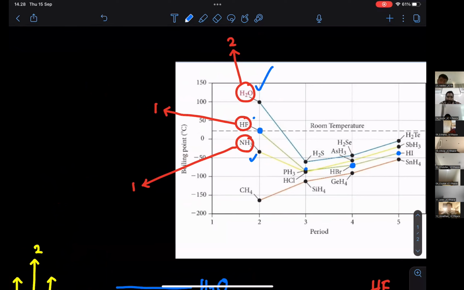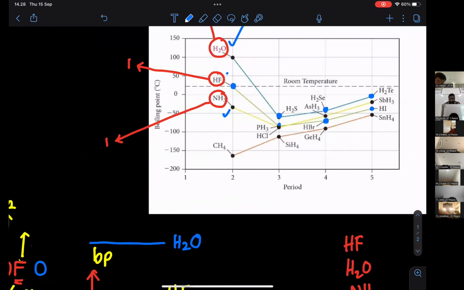Now that is done. But how about the others? All these are no problem, because all these are polar molecules, and because the size is increasing, they will just go up, similar to what we have learned. But there is one anomalous value over here.